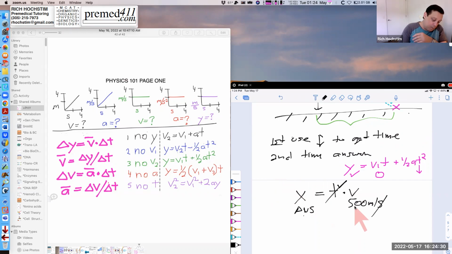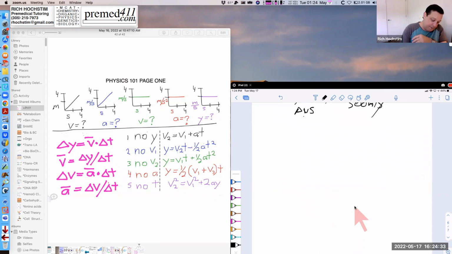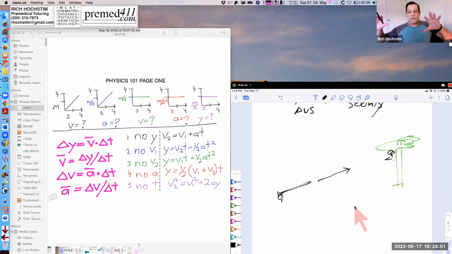Now, one other thing is shooting at a monkey. I don't know why they want to shoot at monkeys, but that's very popular. So what we have is we have a monkey in a tree like this, and then we have someone with a rifle. And what they do is they shoot directly at the monkey.